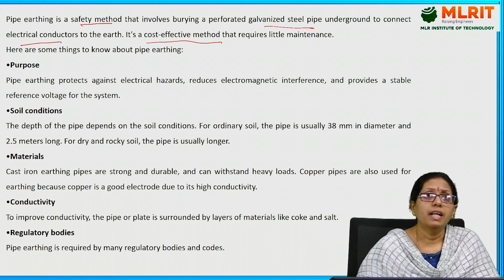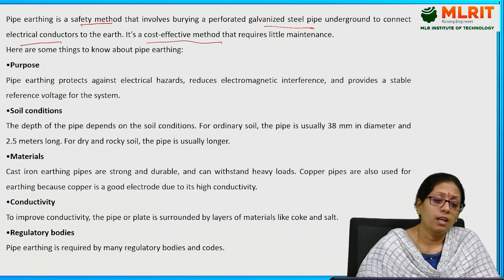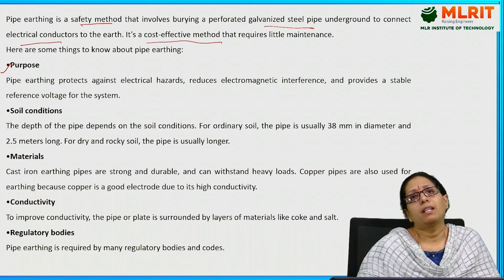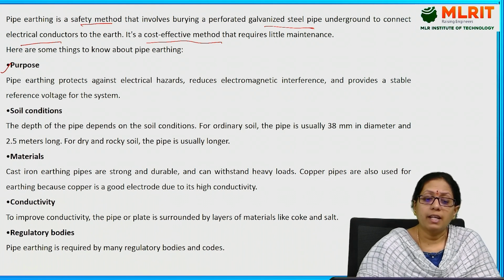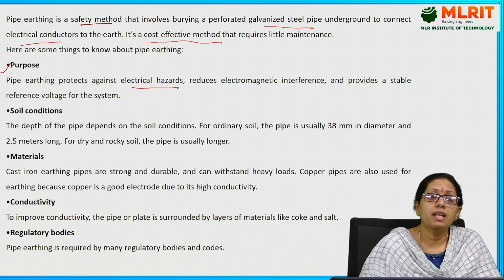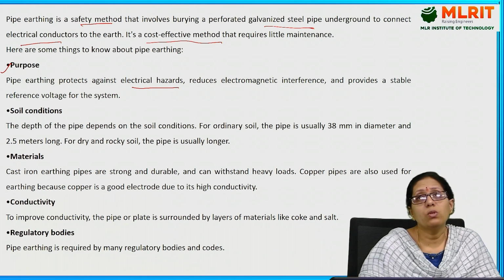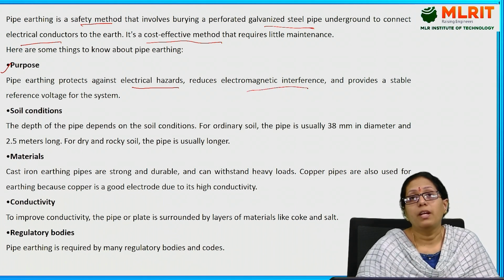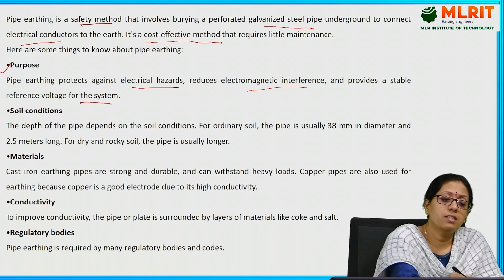Here are some of the things to be known about pipe earthing, like the purpose. Pipe earthing protects against electrical hazards, reduces the electromagnetic interference, and provides a stable reference voltage for the main system.